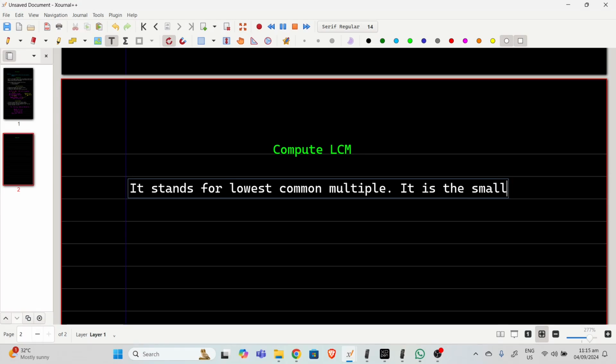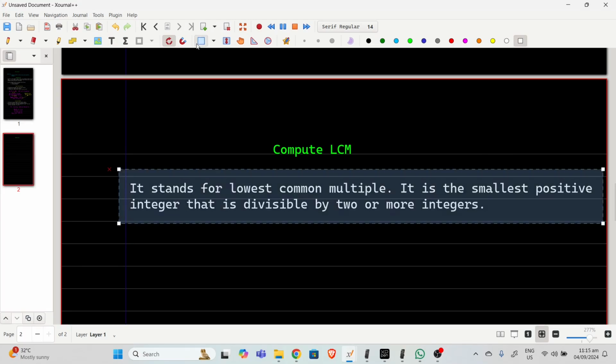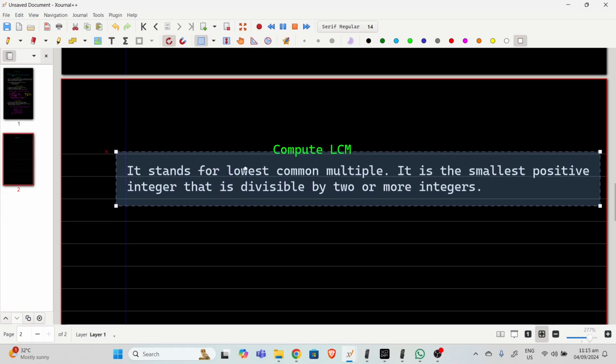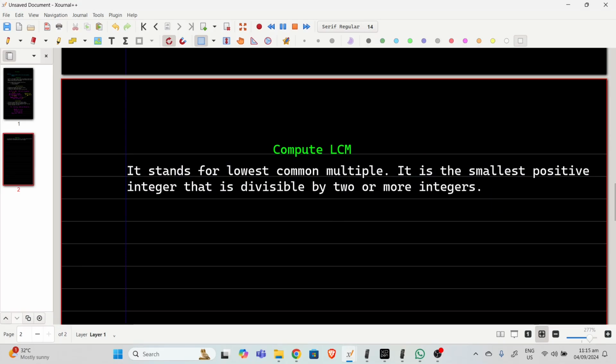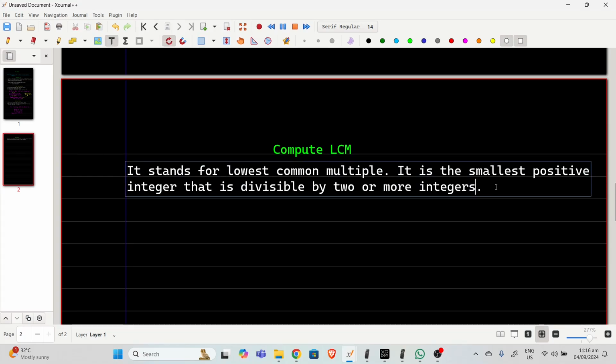It is the smallest positive integer that is divisible by 2 or more integers. All right, not that difficult to understand here. Good. And we're going to use two methods again to solve this.